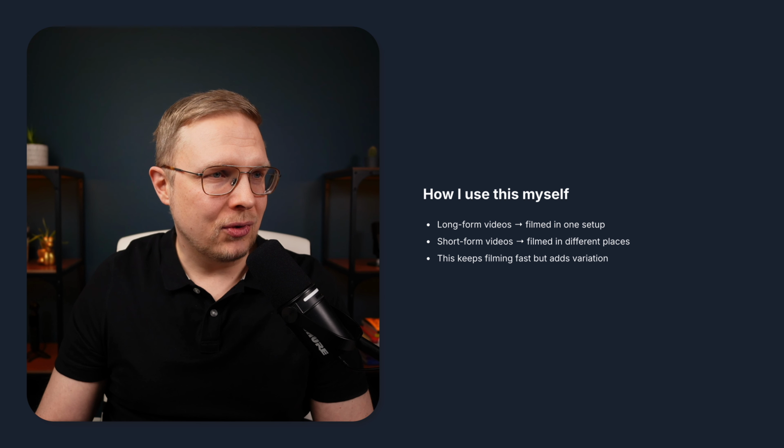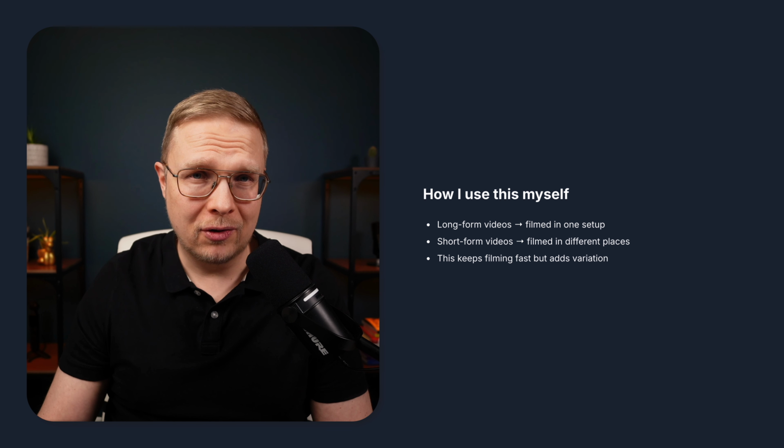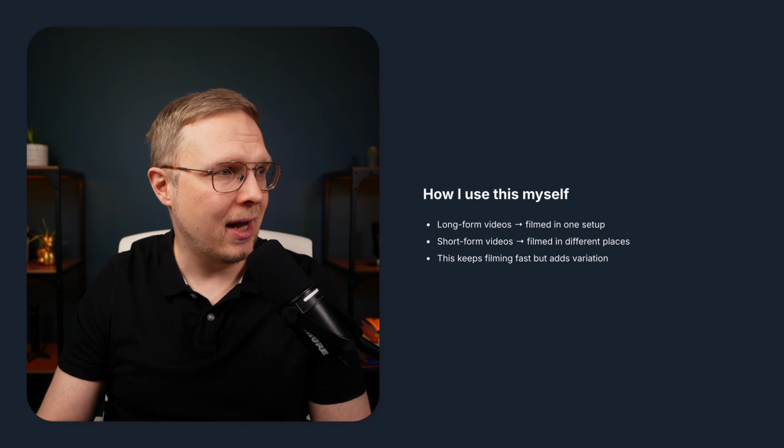So how I use this myself is that I film all my long form videos in this one dedicated setup and most of my short form, and I usually just add a second camera angle or I shoot B-roll if I want variation for long form videos, or I use, for example now I'm using Gamma app to showcase these slides on the screen, so this gives also variation to the video.